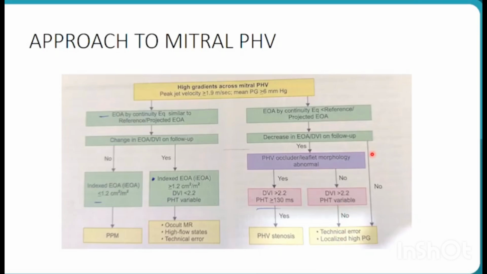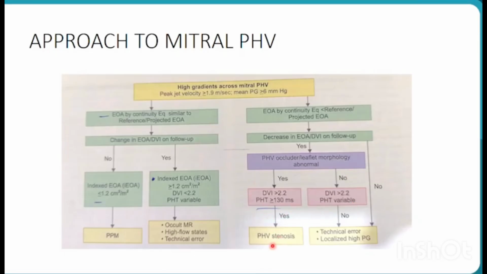If there is no difference in the EOA or DVI, again it is a technical error, that your EOA is coming less than the index EOA. But if the DVI is more than 2.2 or more than 2.5 and the pressure half time is also more than 130, similar to the rounded jet that we get in the aortic valve, this PHT is the one that we get in the mitral valve.